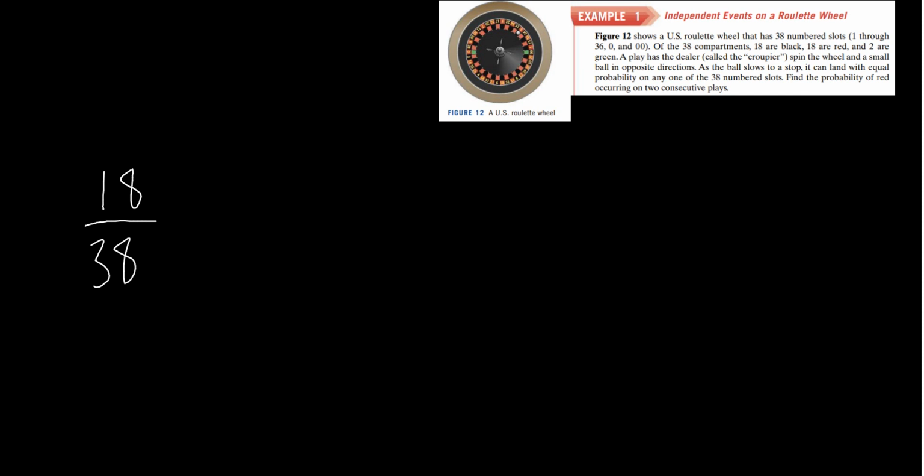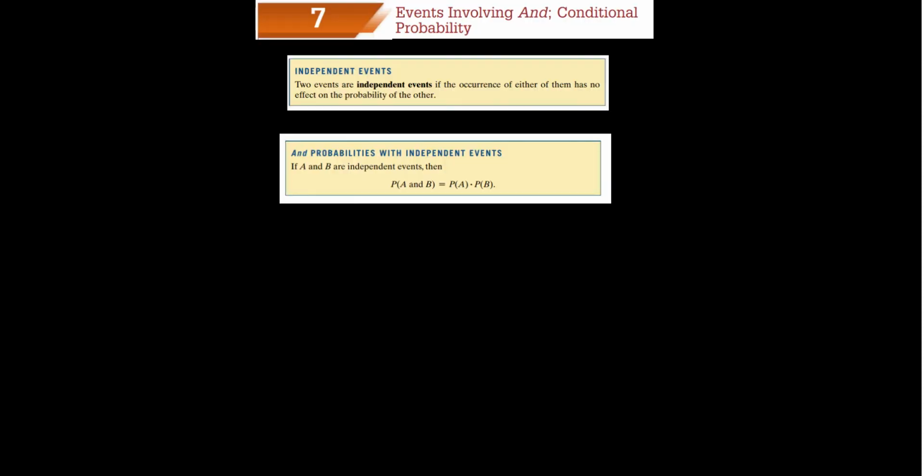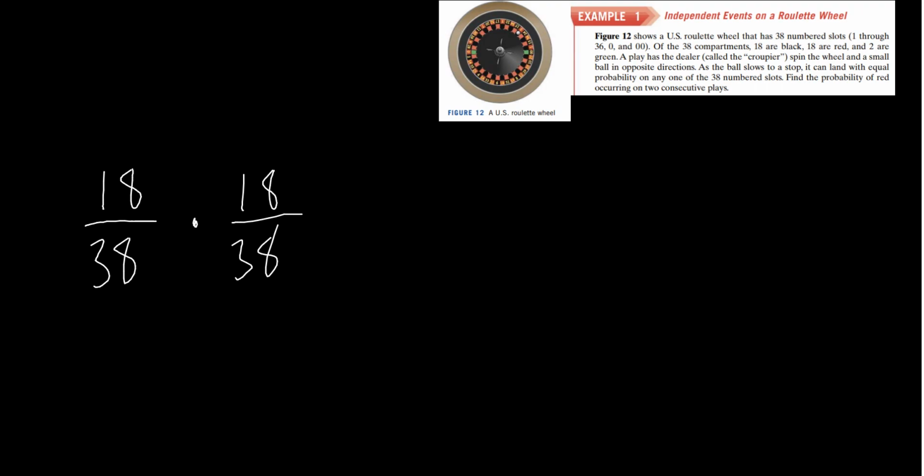Of course we can reduce that. What's the probability of landing on red the second time? It's the same probability, because these are independent events. So what is 18 over 38 times 18 over 38?